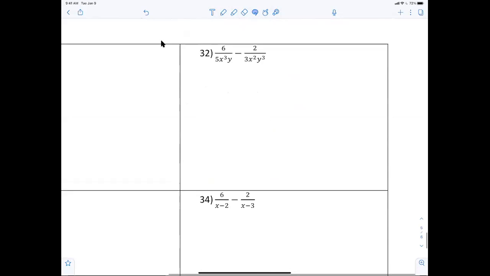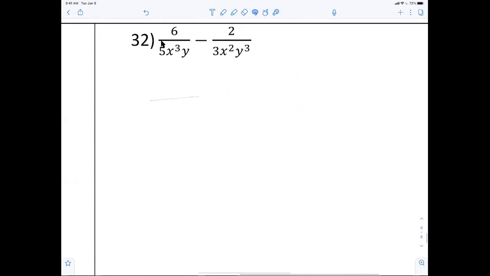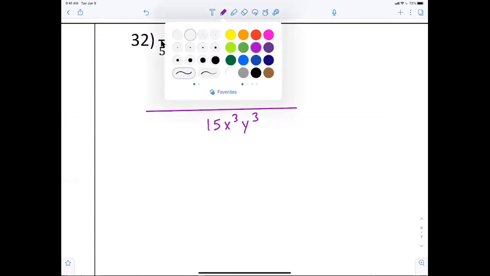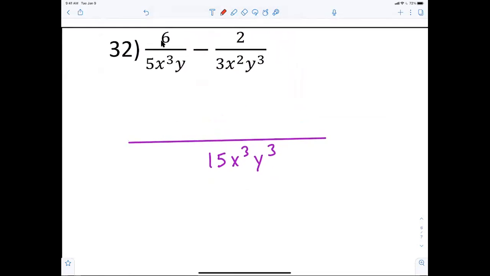Let's check out 32. All right, 32 is a nice one. I need help. Common denominator with 5 and 3. 15. 15, x to the third, y to the third. I'm happy with that. Now, again, I like to just put what is necessary on the left fraction. What's necessary? 3y squared. Be real careful. 3y squared.